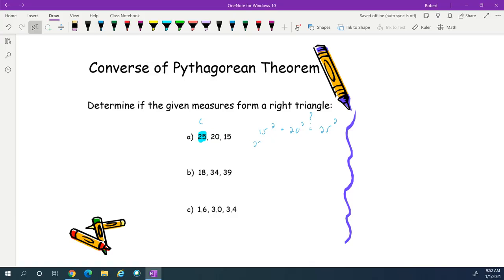So we have 225, 400, 625. Add the left, 625. That does equal 625. So yes, this is true. So yes, we have a right triangle.